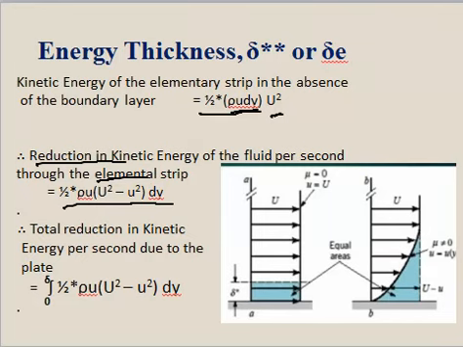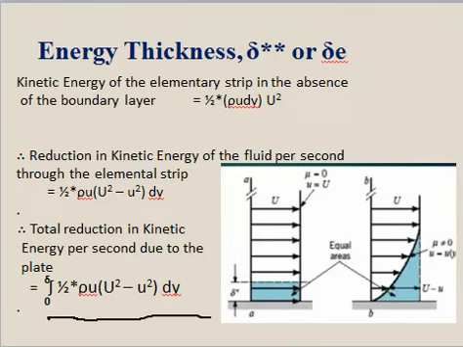Now in order to find the total reduction in kinetic energy due to the presence of the boundary layer, we are going to integrate it within the limits 0 to del. So the equation is integration 0 to del of 1 by 2 rho into small u into (capital U square minus small u square) into dy.